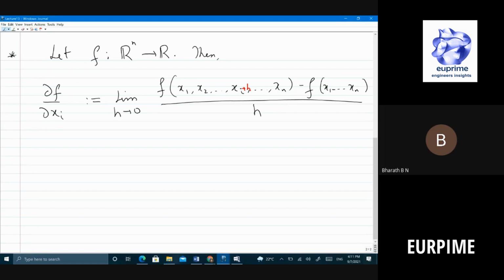Now I can do that for every direction, x1, x2, x3, and so on up to xn. I get n derivatives. I collect them and call it what? I have f with respect to x1, f with respect to x2, and so on, f with respect to xn. What is this called?